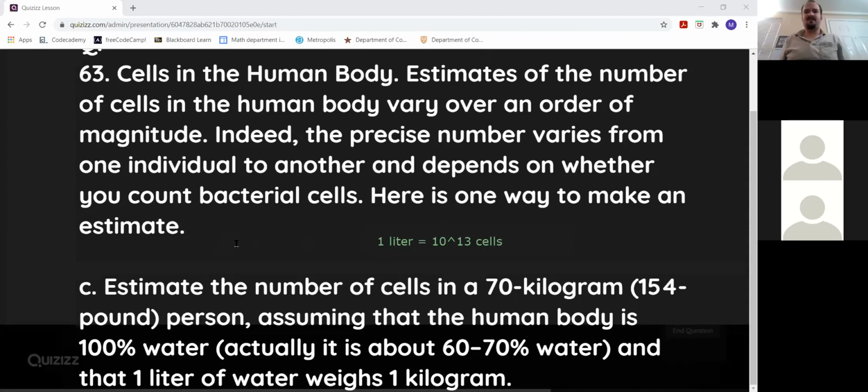So what it sounds like is we want to go from 70 kilograms and we want to figure out how many cells that is. So what are we going from? Kilograms. It looks like I'm using the fact that 1 liter of water is 1 kilogram.